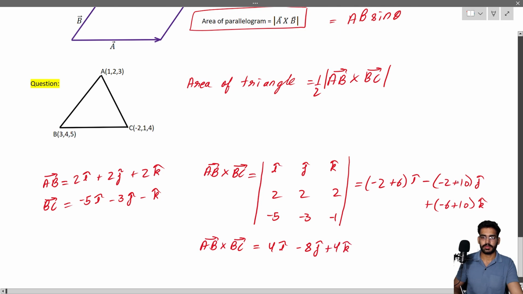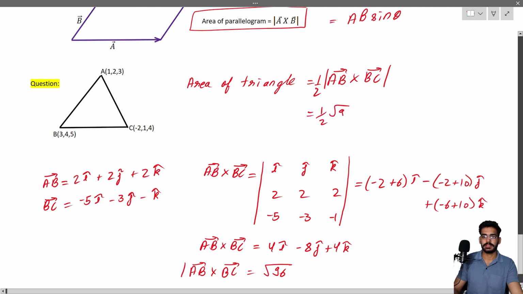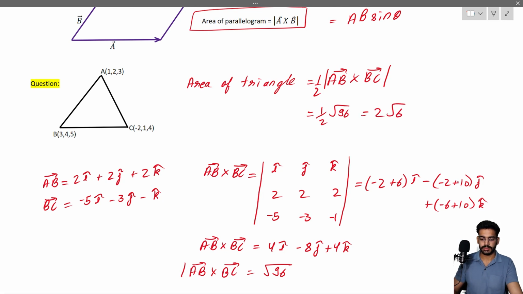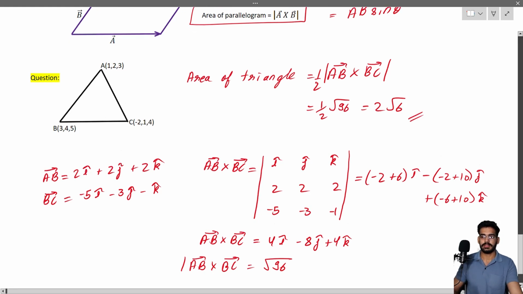The magnitude of AB cross BC is root 96. So putting in the value, half into root 96 is 2 root 6. So 2 root 6 is the area of the triangle. I hope this is clear, and this is for today.